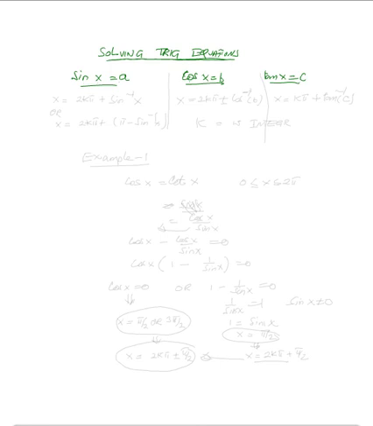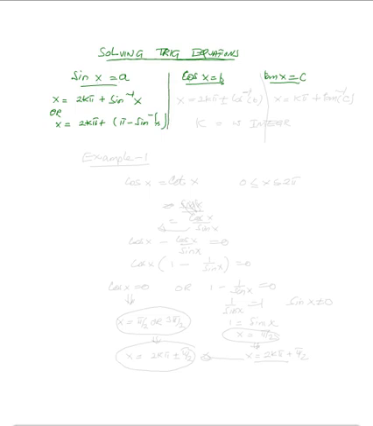If you have sin x equal to a number, we already said x must be 2k pi plus sine inverse of that number, or x could be 2k pi plus pi minus sine inverse of that number, as the general solutions.